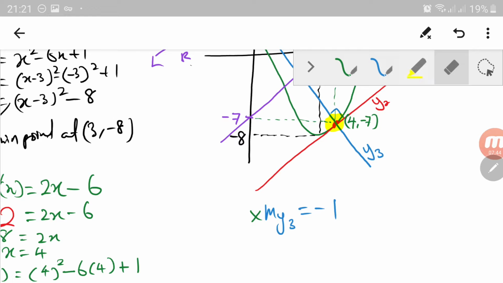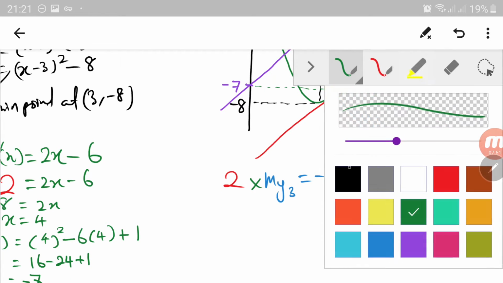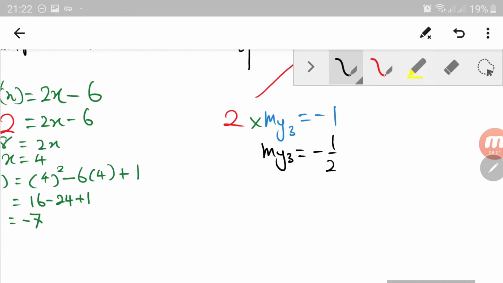We already know m of y2 is 2, so m of y3 is minus half. This is the gradient for y3.